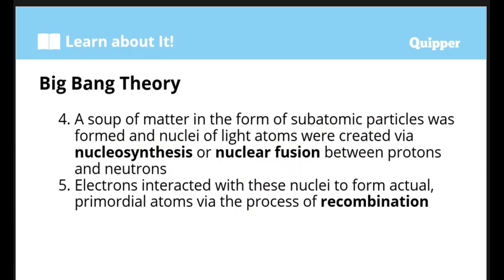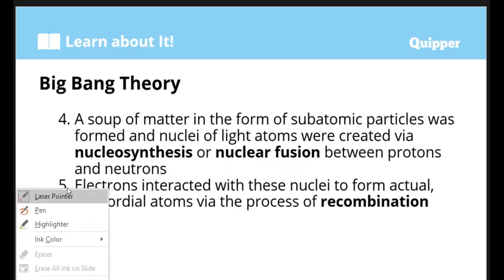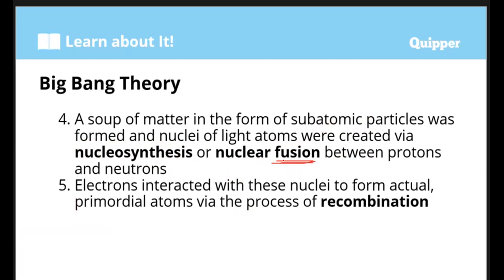By the way, please take note of the terms fusion and fission. When we talk about fusion, this is the merging of two subatomic particles. That is fusion. But when we talk about fission, it is somehow the explosion or separation of the particles.